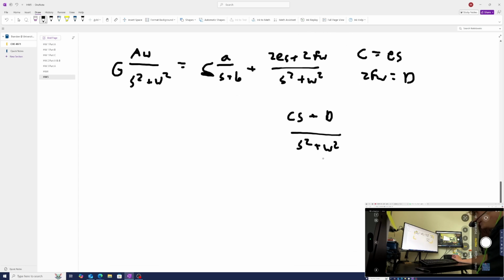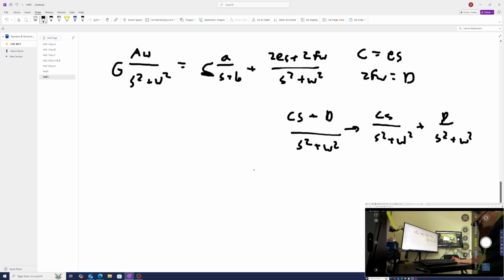We know that the inverse Laplace transform of cosine is s over s squared plus w squared. So if we were to break these apart, we get our CS over s squared plus w squared plus D over s squared plus omega squared.